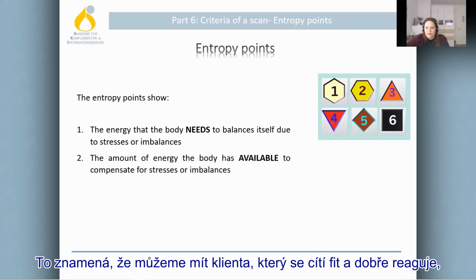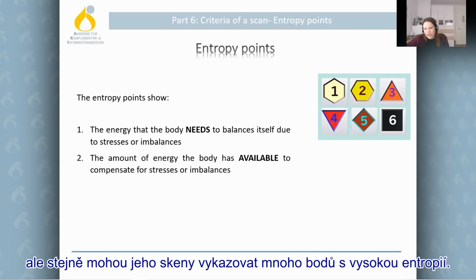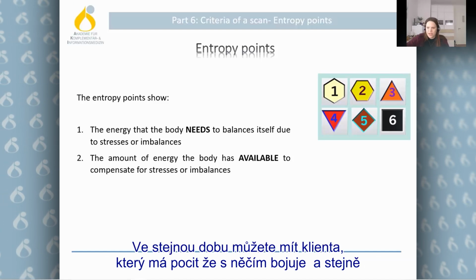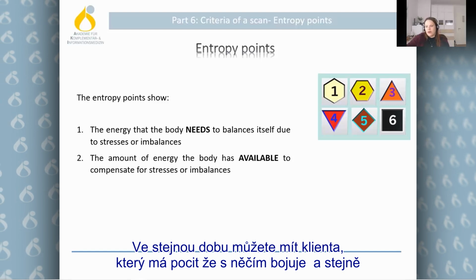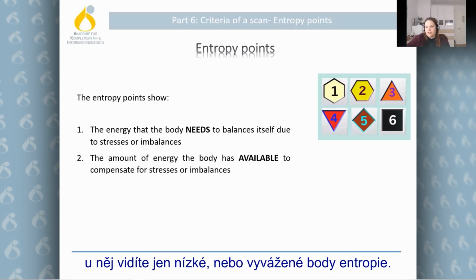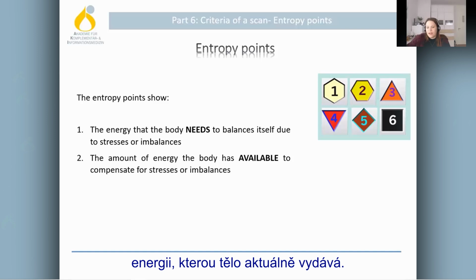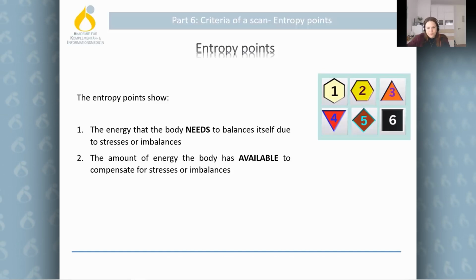So you can have patients who feel fit and are very active and yet have scans with many high entropy points. At the same time, you can have patients who feel like they are already struggling and yet show low or balanced entropy points, because these points just show the energy the body brings up in this moment.